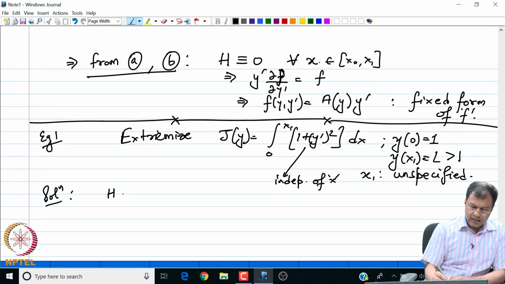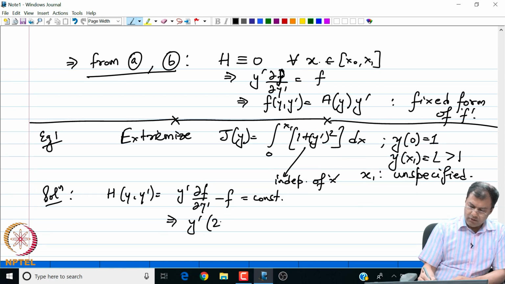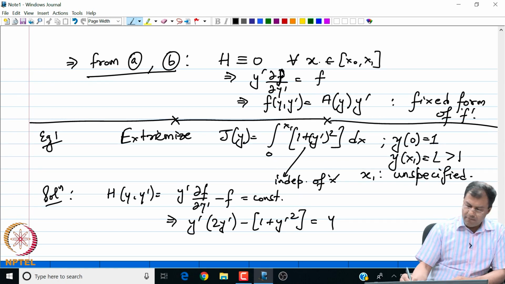My Beltrami function h of y, y prime, which is y prime partial f partial y prime minus f, must be a constant. Now we plug in f equals 1 plus y prime square. This gives y prime times 2 y prime minus f, which is 1 plus y prime square, which equals y prime square minus 1, and this is also equal to a constant.